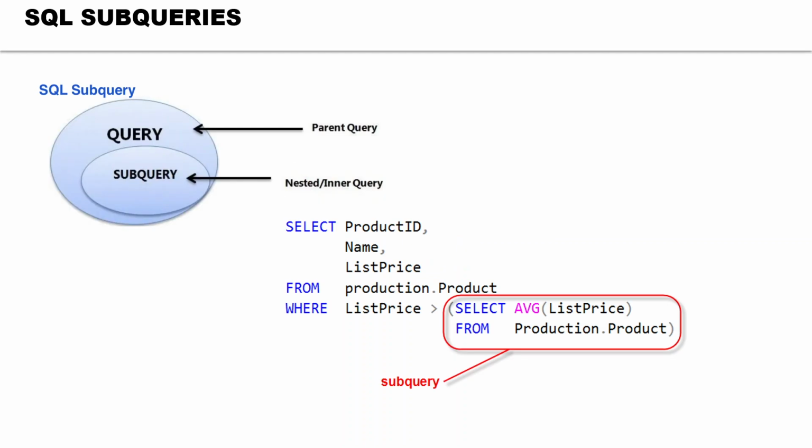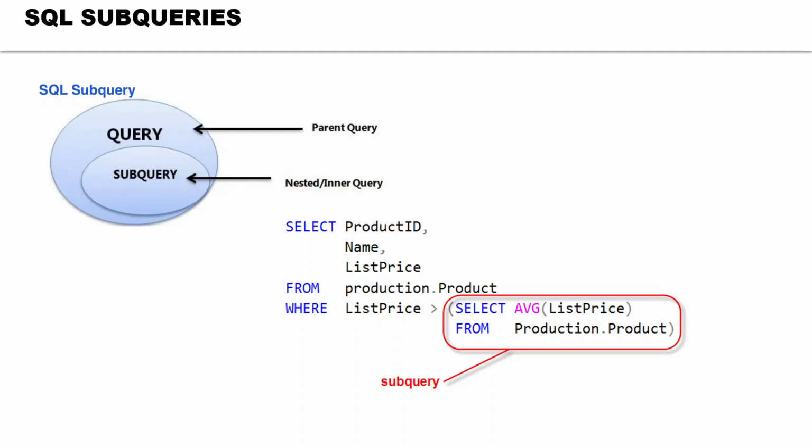Here on this slide, you can see an example of a subquery that's quite visual: a kind of query that is inserted into another query. This big full query is called the parent query, and the subquery can also be called a nested query or inner query.